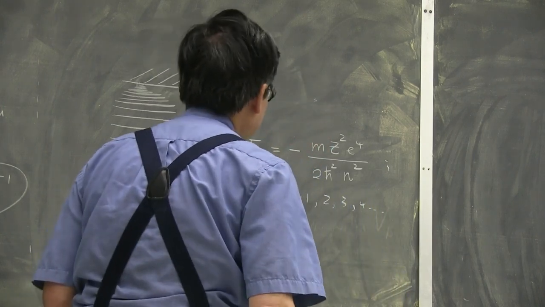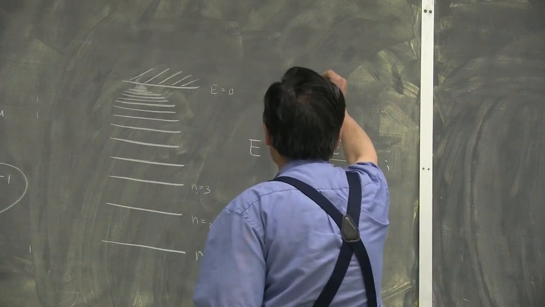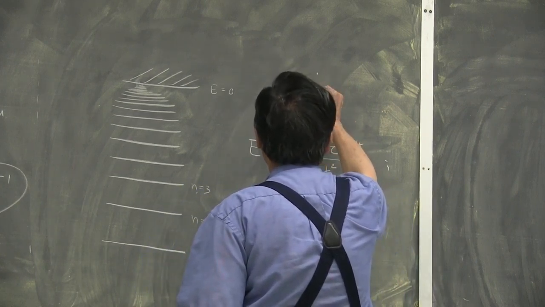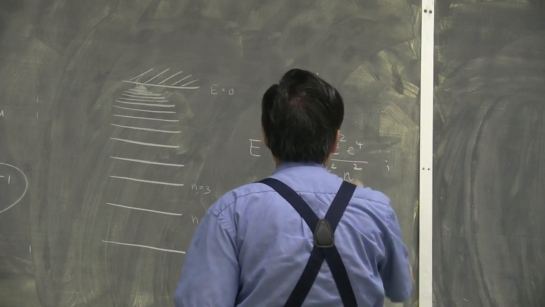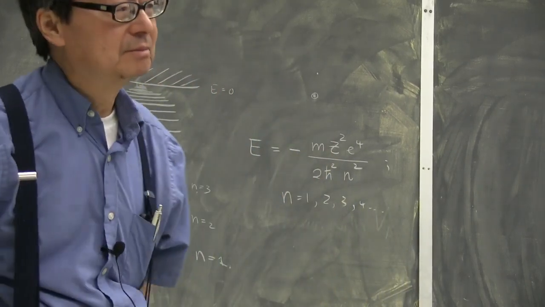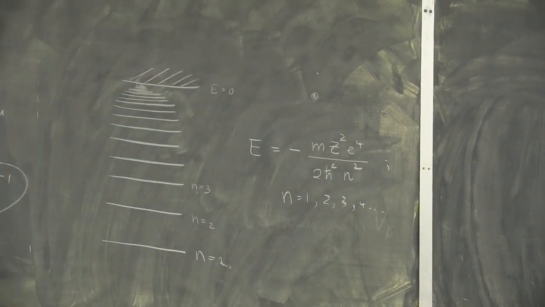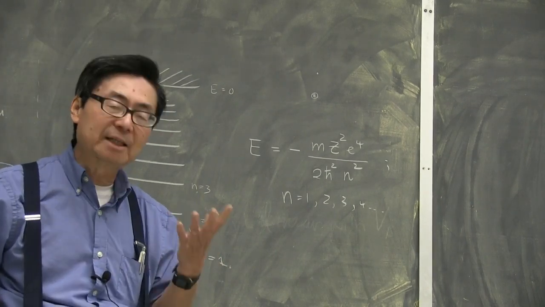So you're talking about an atom which has 1 electron, but which has a nucleus with atomic number Z, okay? So it can have many positive charges, but only 1 electron. Since there's only 1 electron, it's called a hydrogen-like atom.